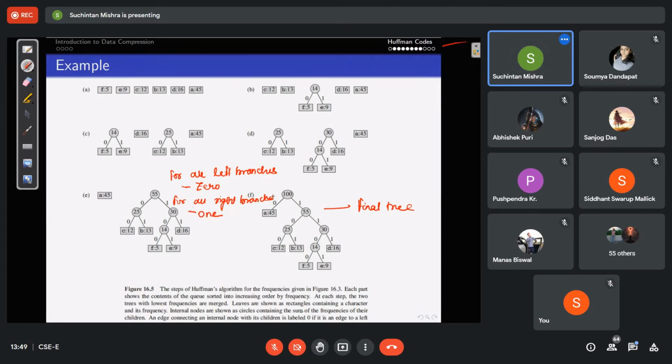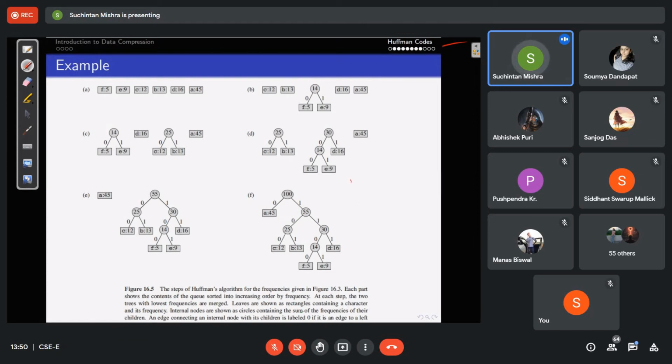So you see, in the left branch here I have written 0, in the right branch I have written 1. Left branch again 0, right branch 1, left 0, right 1, left 0, right 1, left 0 and right 1. If we write the value of 0 and 1 on each of the branches, this will give us the variable length code.